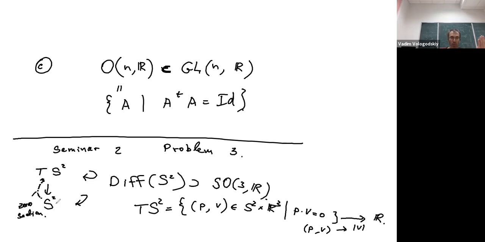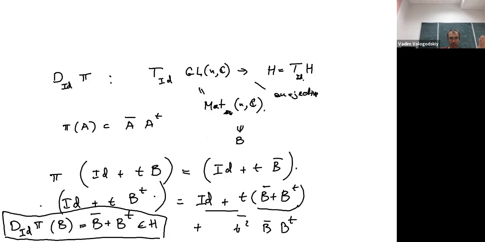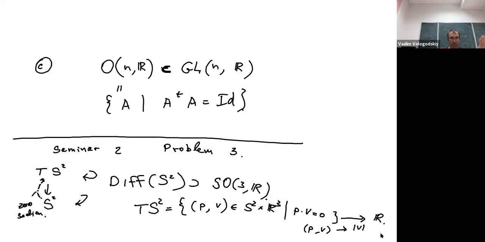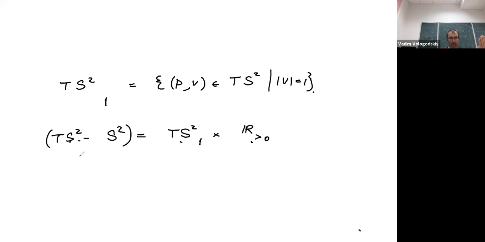But when you remove the zero section, when you consider this space, it still maps to S2. But now the fibers are going to be vector spaces minus the origin.